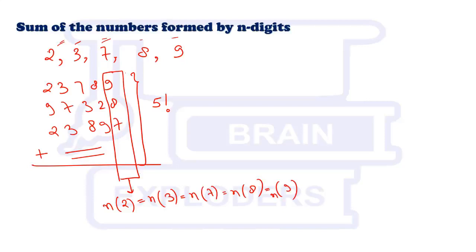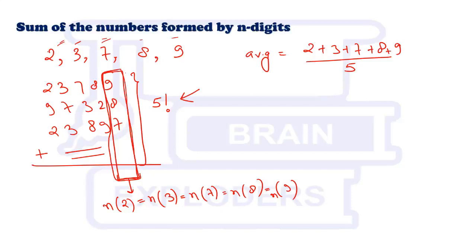Means the average of the digits on the ones place will be equal to the average of these 5 digits, means (2 plus 3 plus 7 plus 8 plus 9) over 5. Great. Now if the average is this and total numbers are 5 factorial, then the sum of the ones place is equal to average multiplied by 5 factorial.